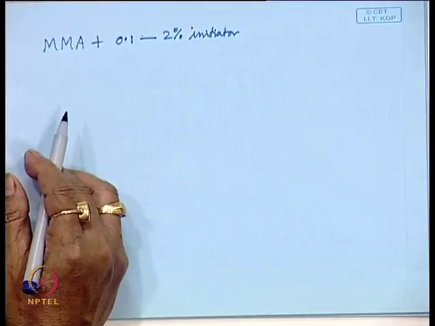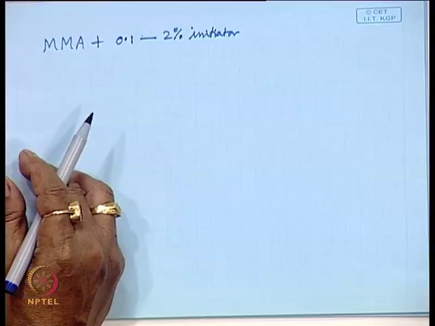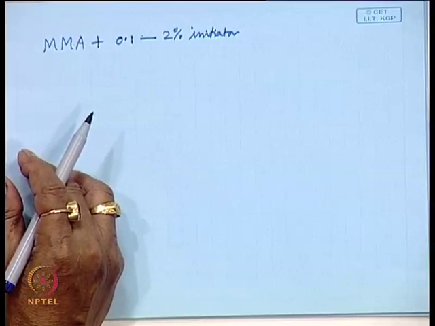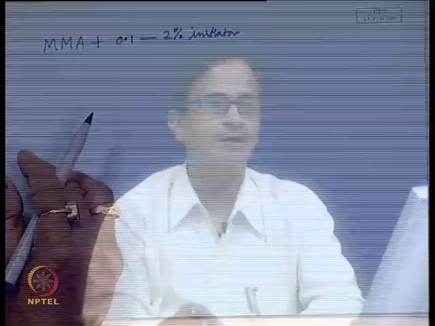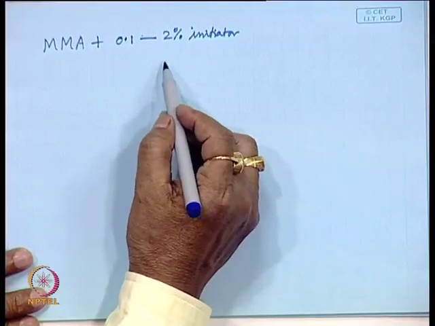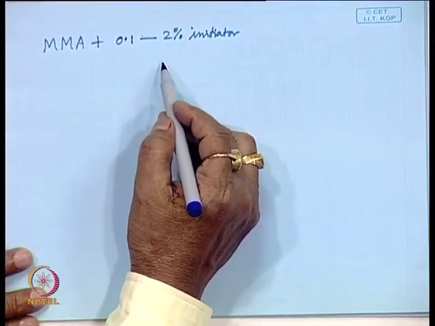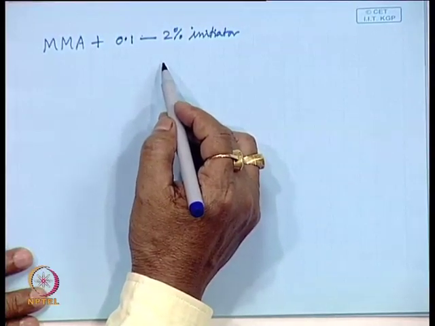That means, if you take benzoyl peroxide, how much has to be taken? Say if you take 100 gram monomer, you can take 1 gram of initiator or 0.5 gram of initiator, like that. Now, that 0.5 gram initiator, how many molecules are there?